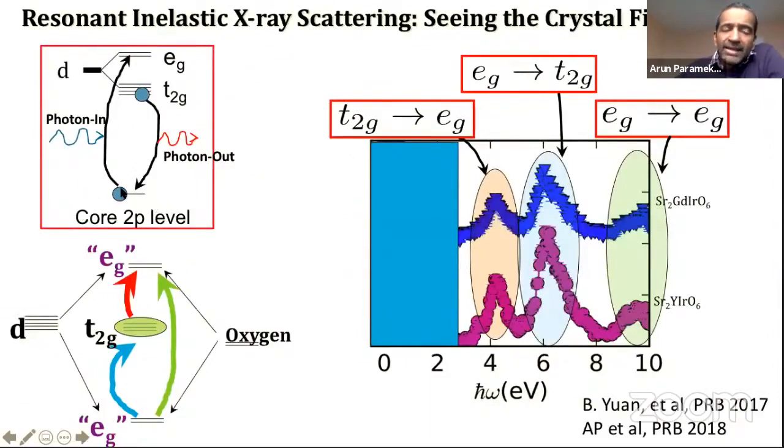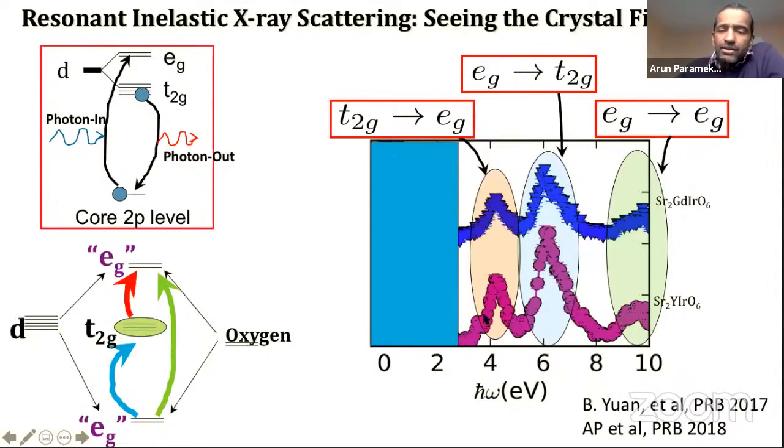So you come in with light, like X-ray photons, and you can excite from some very low energy state, let's say some 2p level, into one of these states. So let's say you excite to an available state here, which might be in an EG state, and you de-excite from a T2G level. And so with photon in, photon out, you end up with some energy transferred to the system, which corresponds to this excitation gap here, right?